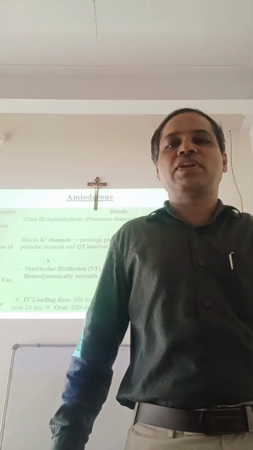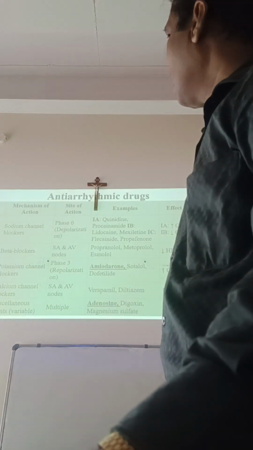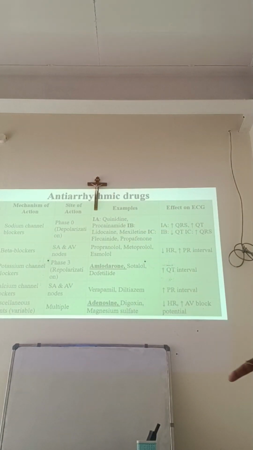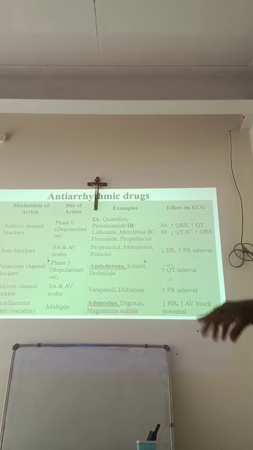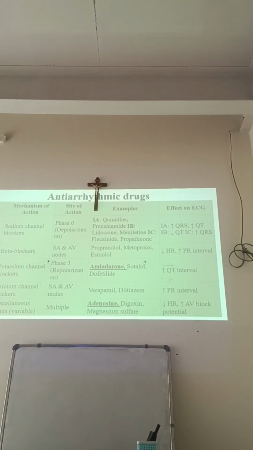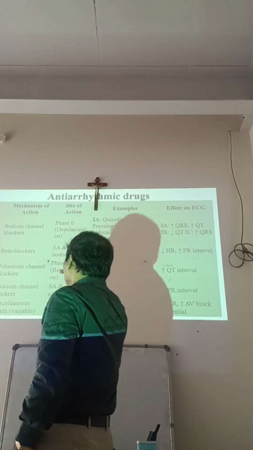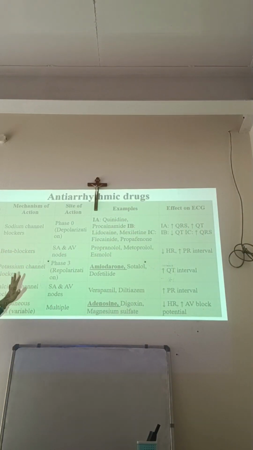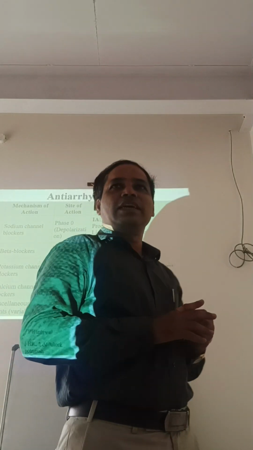What are the class 1, 2 and 4 actions? It also blocks sodium channels, beta receptors, and calcium channels. But predominantly it acts by blocking potassium. So if you write in the exam, amiodarone is a potassium channel blocker, and also has sodium, beta and calcium channel blocking effects. Answer is over. Understood?